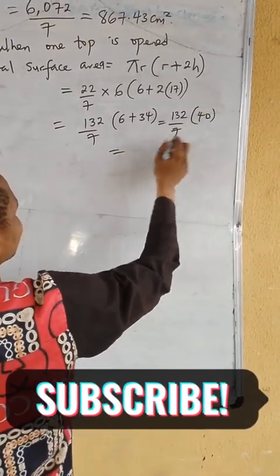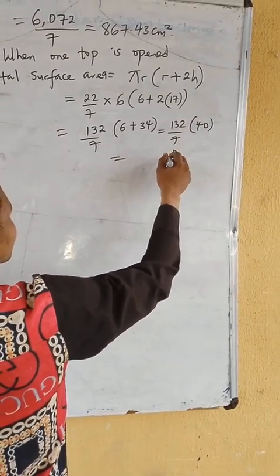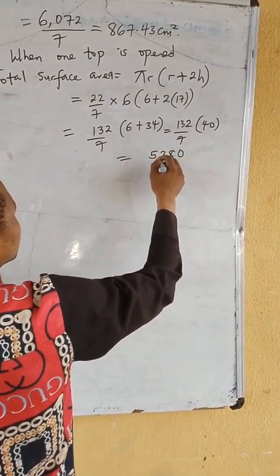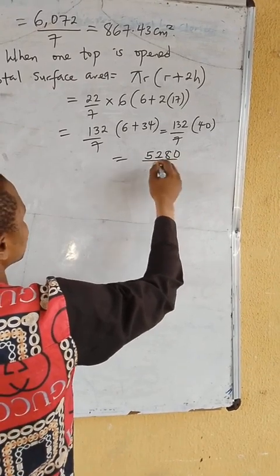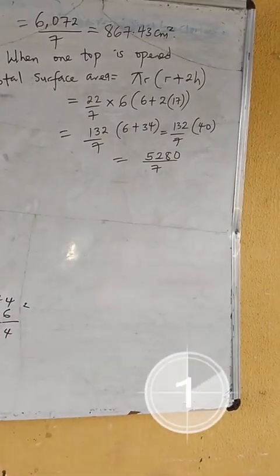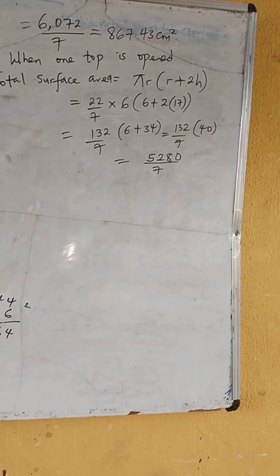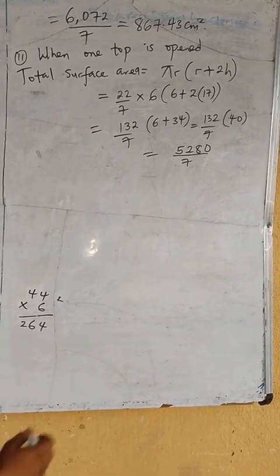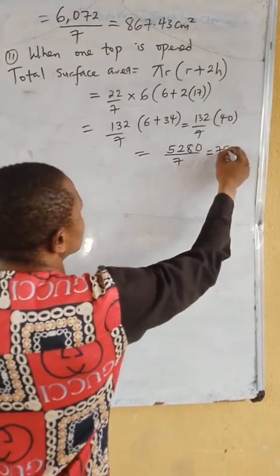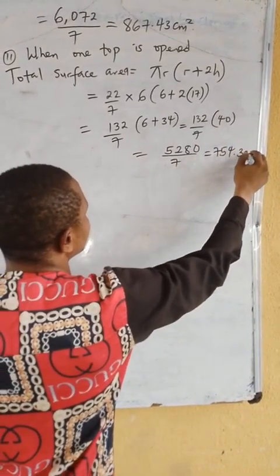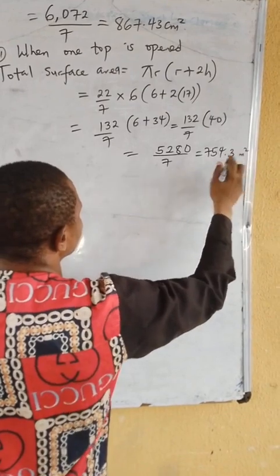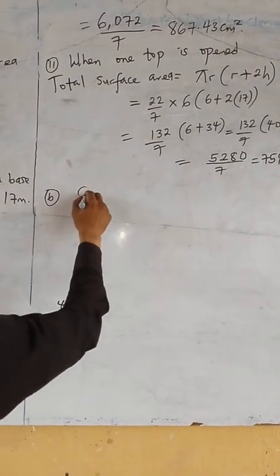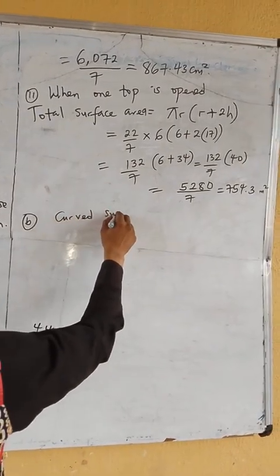And by the time we multiply 40 by this, we are going to have 5,280 divided by 7. You can use your calculator to do that. And by the time we divide, we are going to have 754.3 meter squared.